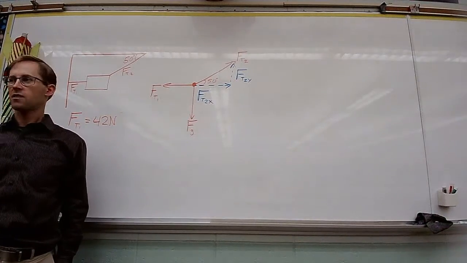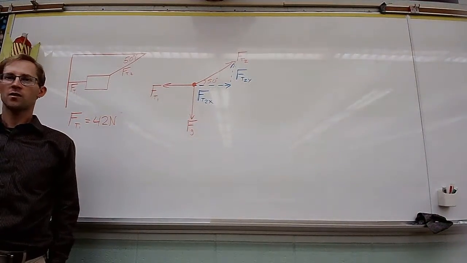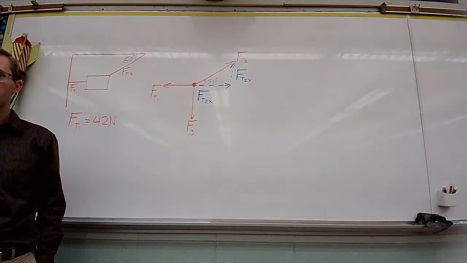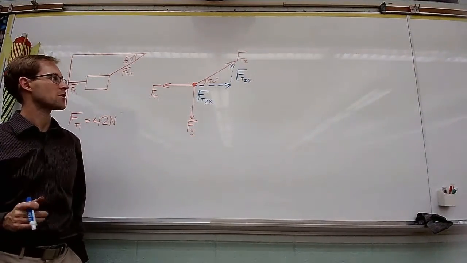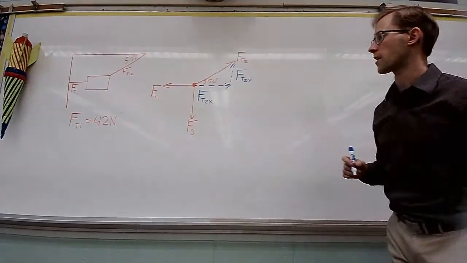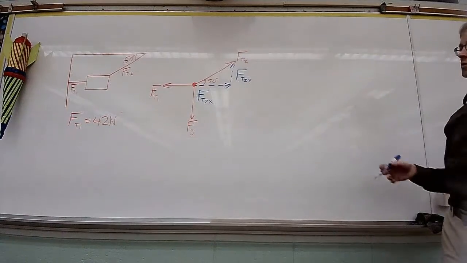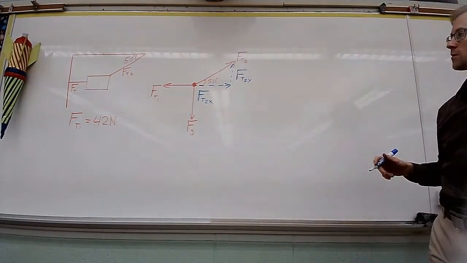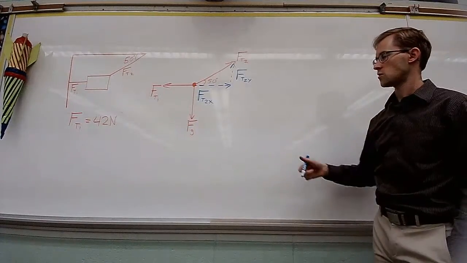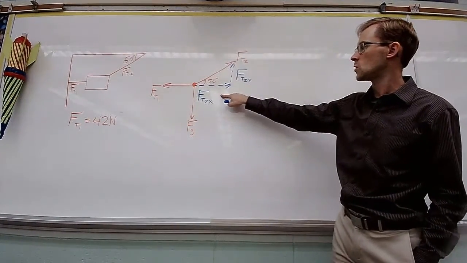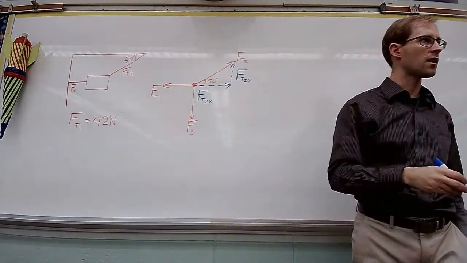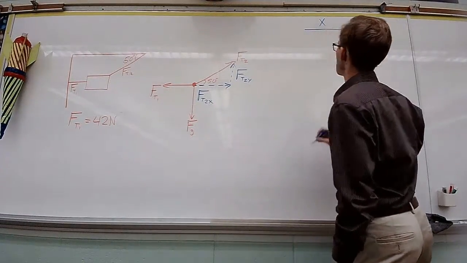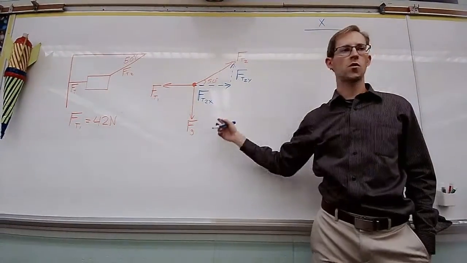And once you have this all drawn in, we go ahead and solve this the exact same way we've solved every other force diagram so far in this chapter. We look at the x and y directions, and hopefully from those directions, we can figure out what these forces are going to be equal to. So in the x direction, we've got two things. We've got tension 2 to the right and tension 1 to the left. So, before I go on, any questions about the force diagram?